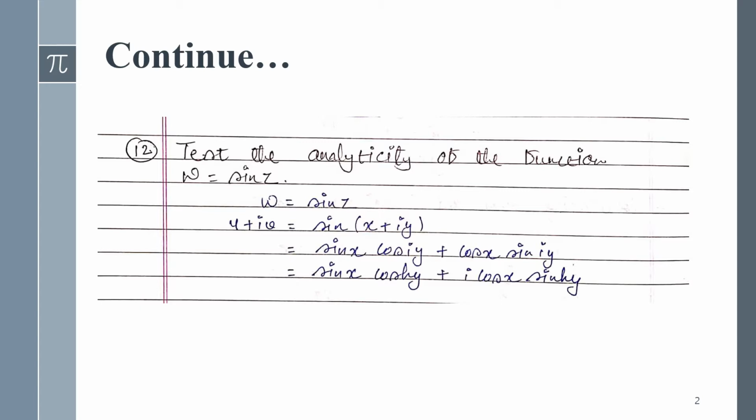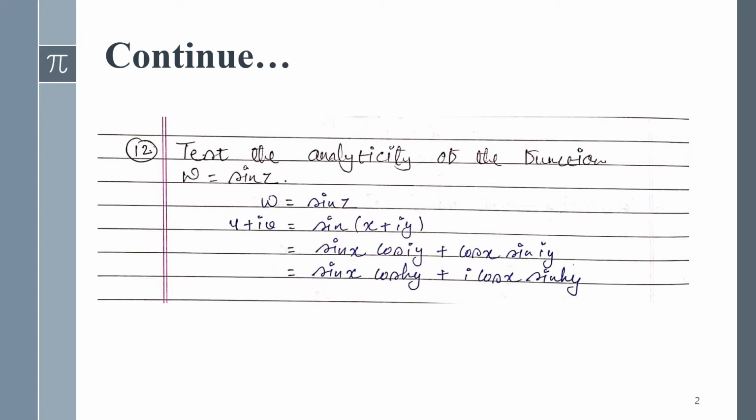So sin alpha, that is sin x, cos beta, that is cos iy, plus cos x into sin iy. As we did in a similar example in our previous session, you always have to convert circular functions into hyperbolic functions, because you don't have the derivation or integration of the circular functions.